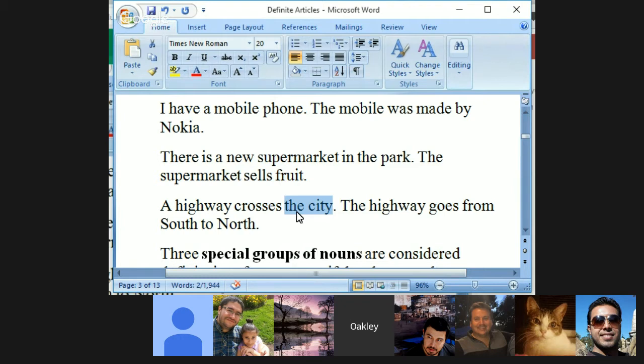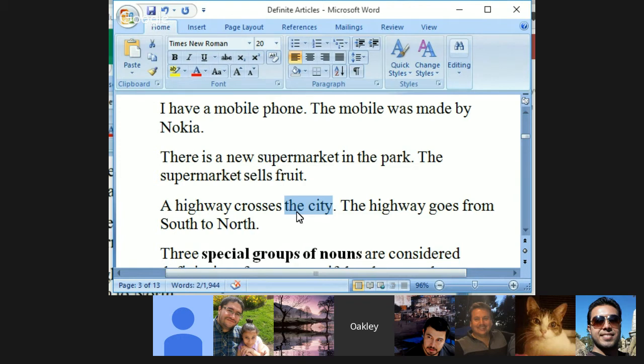So to some degree, in a much broader way, it works like that with the choice of the article. Sometimes it has to do with what is assumed the listener knows or doesn't know.